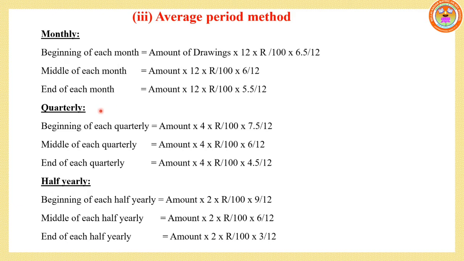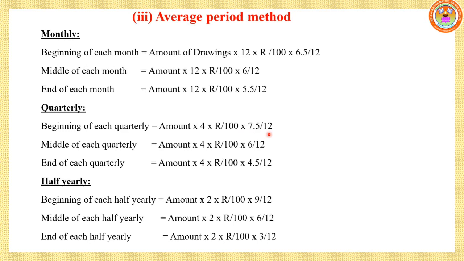Then move on to the next option, quarterly. So he has withdrawn at the beginning of each quarter, that means once in 3 months, he has taken money from the business for personal use. That means per year, 4 times he has withdrawn. So the amount into 4, because yearly 4 times he has withdrawn, into rate of interest by 100 into 7.5 by 12.